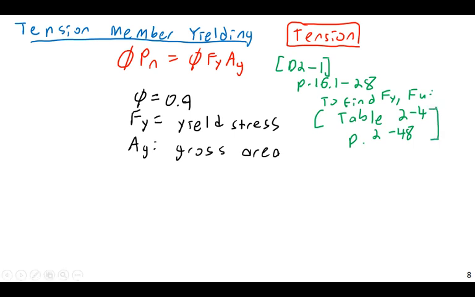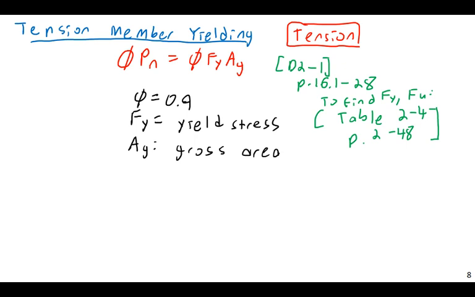So if you have your steel manual, please open to that. Go to chapter 2, page 48. And this, of course, is in the 15th edition of the manual. And it will be table 2-4, applicable ASTM specifications for various structural shapes.